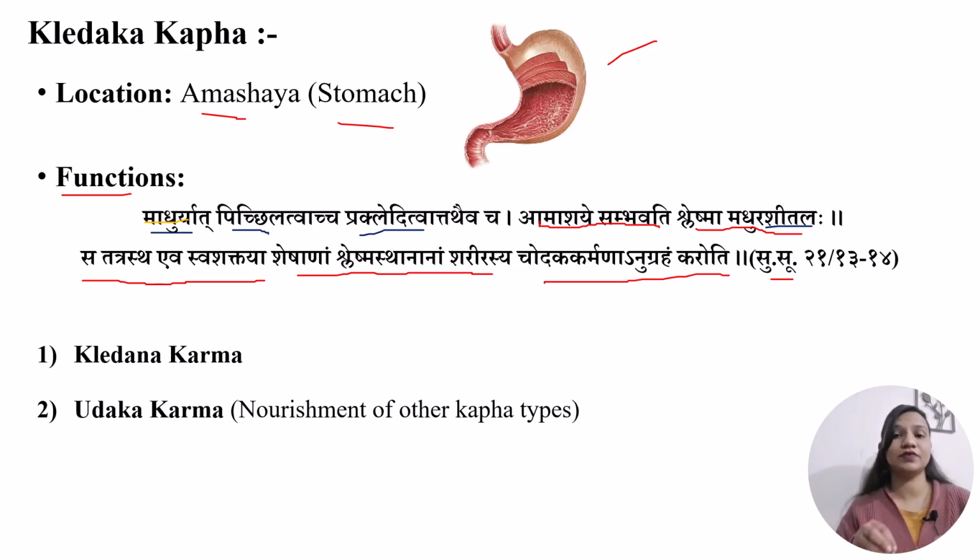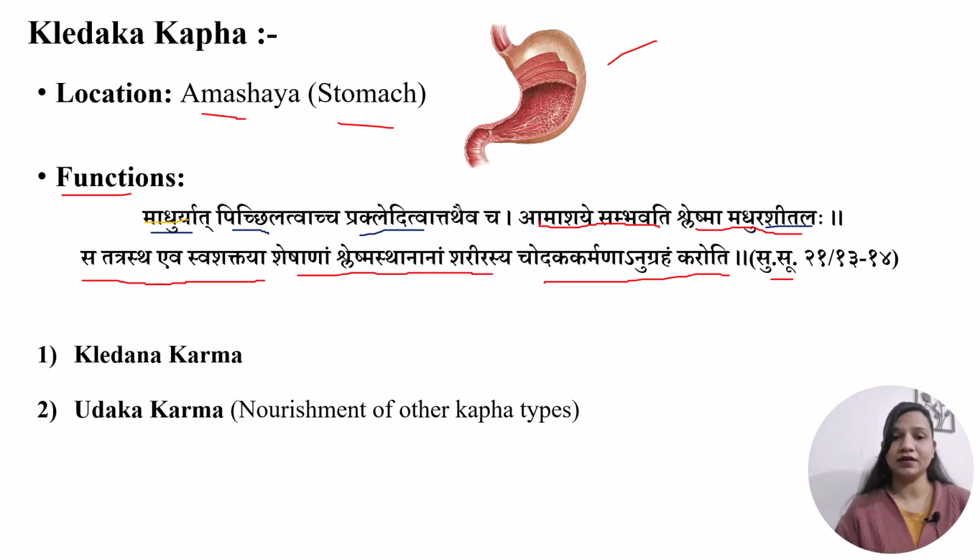As this Kledaka Kapha resides in amashay, the food we ingest, when it goes to the amashay, becomes moistened, soft and sweet due to the mixing of the ingested food with the Kledaka Kapha.